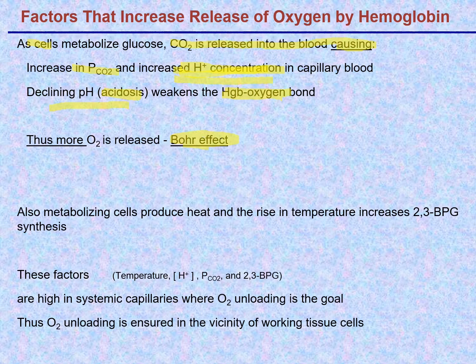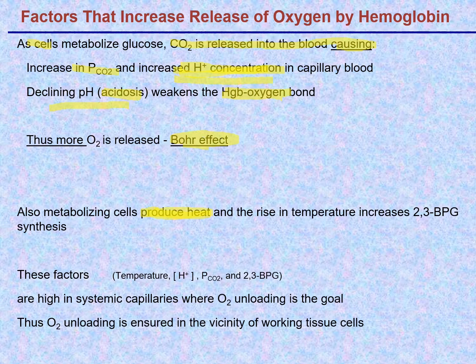The other thing is that metabolically active cells produce heat. The more metabolically active they are, the more heat they produce. When we form energy by the oxidation of glucose, the breakdown of glucose, it's not 100% efficient. All the energy from the carbohydrate glucose does not go to ATP production.